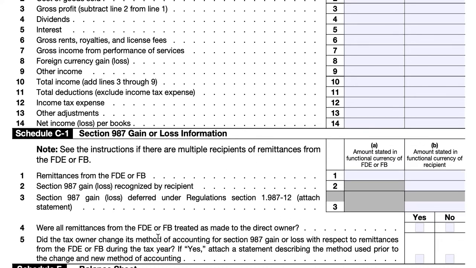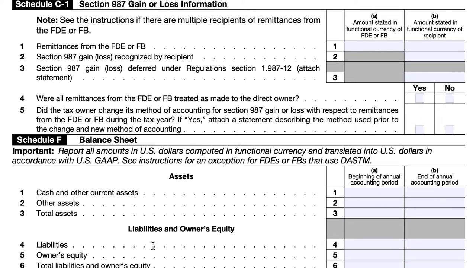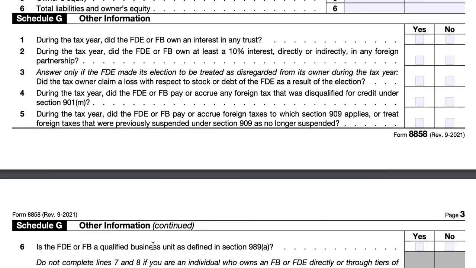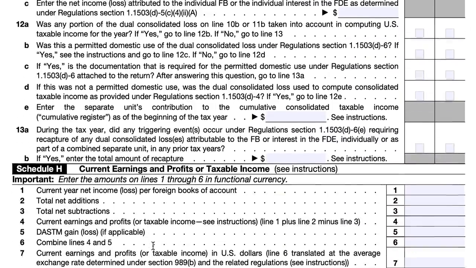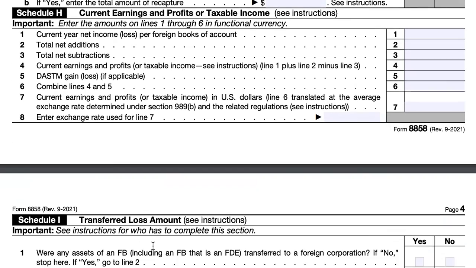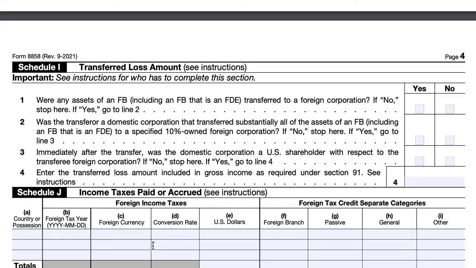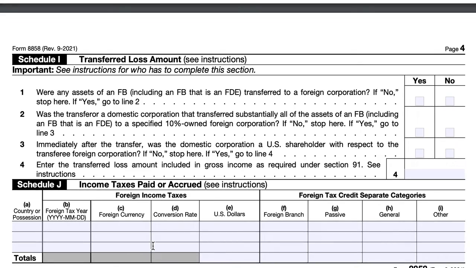C1, which refers to Section 987 gain and loss. Schedule F, which is the balance sheet. Schedule G for other information. And Schedule H for current earnings and profits. Schedule I, which is transferred loss amount, and Schedule J, which is taxes paid or accrued.